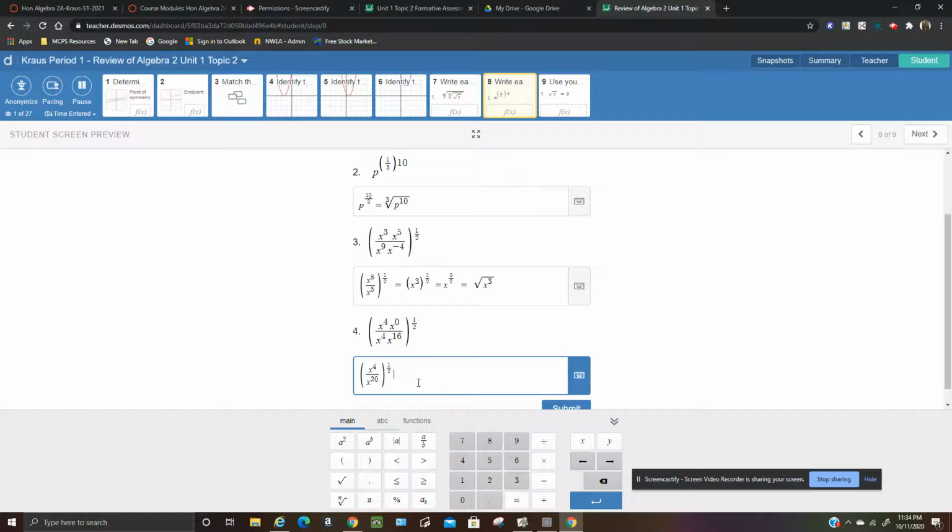And that whole thing to the 1/2 power. So I do 4 minus 20, a negative 16, and then that to the 1/2 power. That equals x to the negative 8.